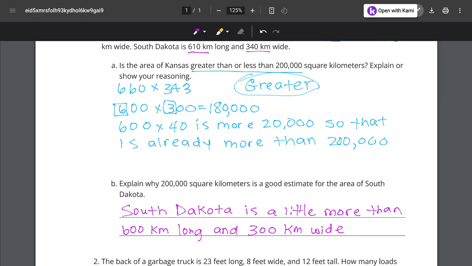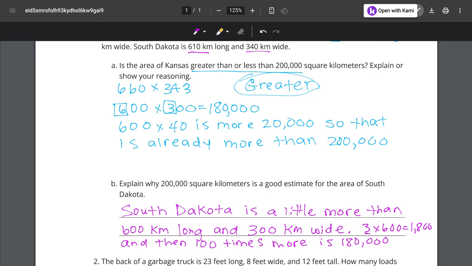Now, notice I haven't taken the exact answers. I've only taken an about number, right? Now, I can say that 3 times 600 is going to be 1,800, and then 100 times more, because it wasn't really 3, it was really 300, is 180,000.